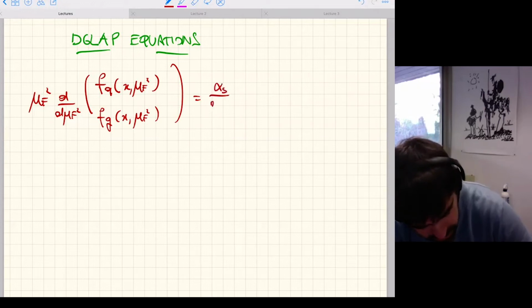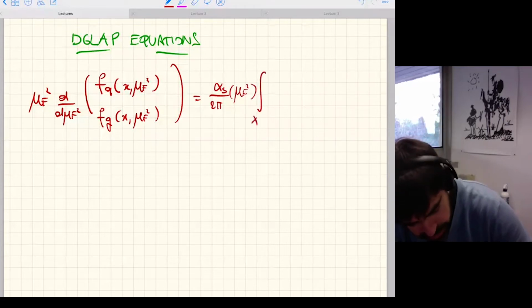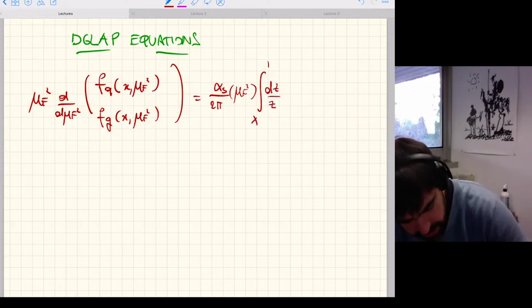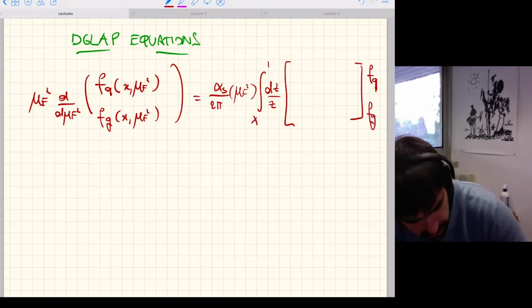So it's alpha_s over pi times mu_f squared, and then there's a convolution integral over z, and then there's a matrix. I'll write the matrix in a second.